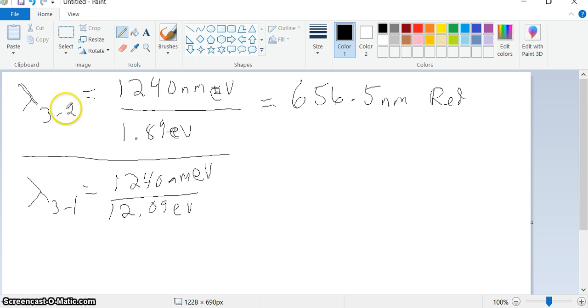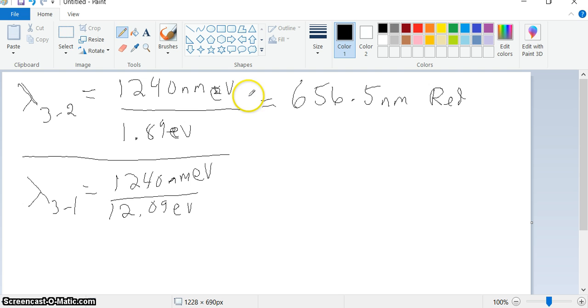So lambda 3 to 2 is 1240 nanometers times electron volts, divided by the difference in energy levels when the electron went from n equals 3 to n equals 2. It was 1.89 electron volts. Remember, you took the difference between the energy in the n equals 3 state and the energy in the n equals 2 state.